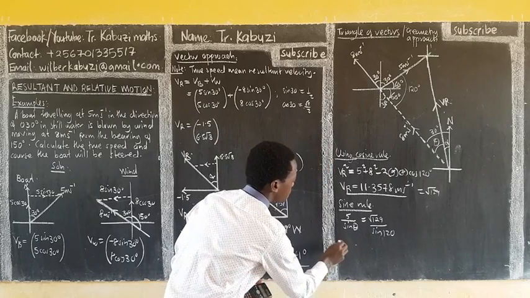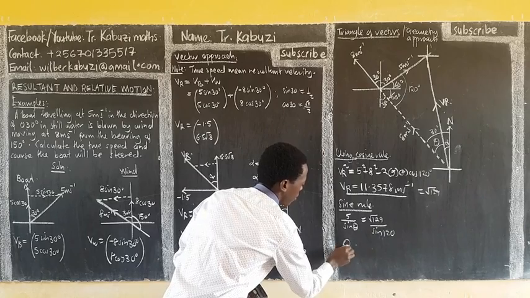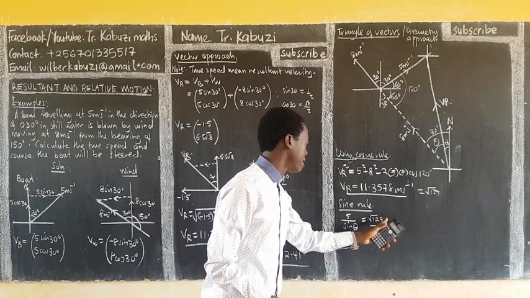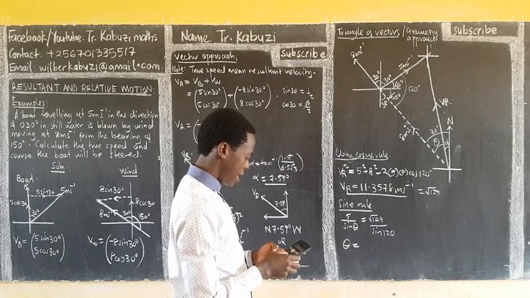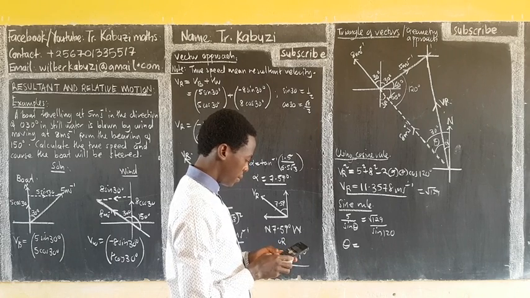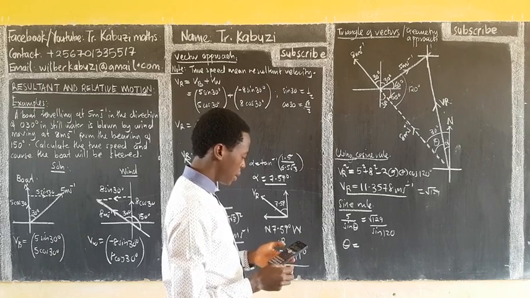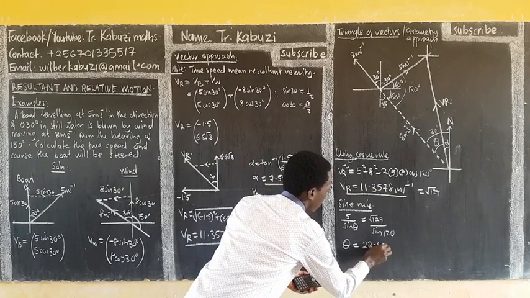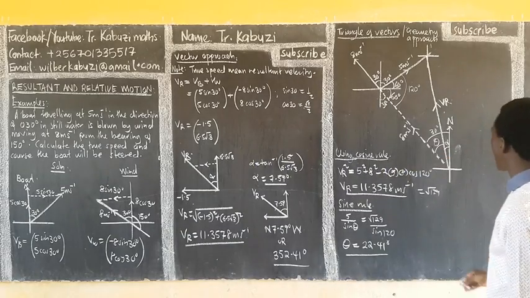So from there, is that my sine theta? You multiply this side, divide this, and then you get the answer. So 5 sine, and here I'm getting 22.41 degrees.